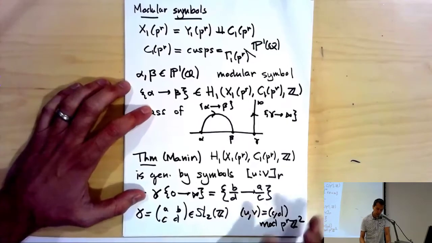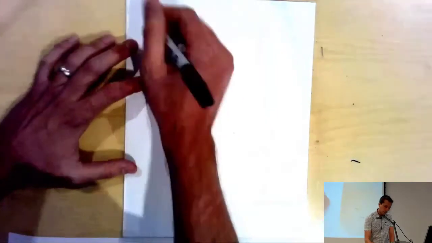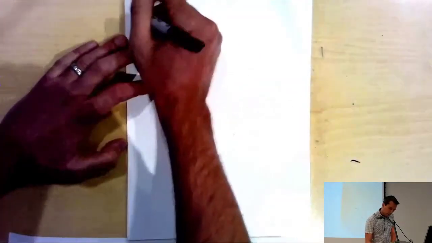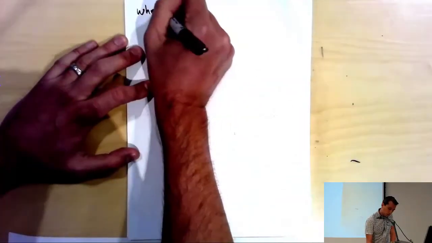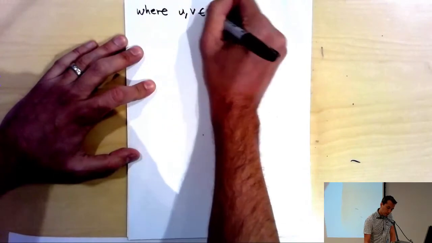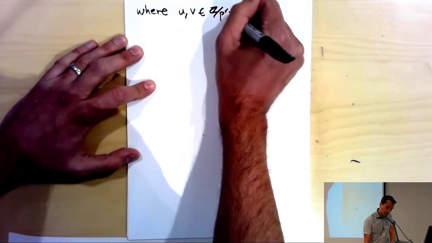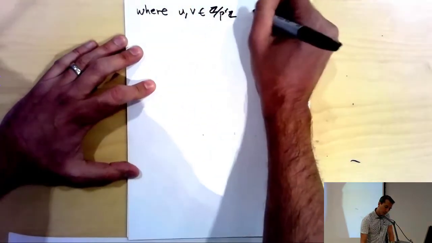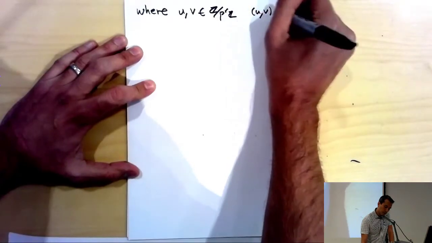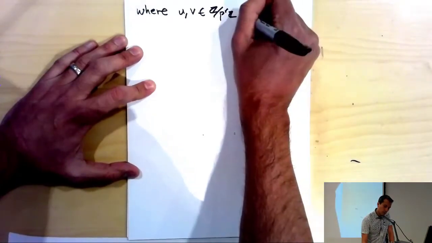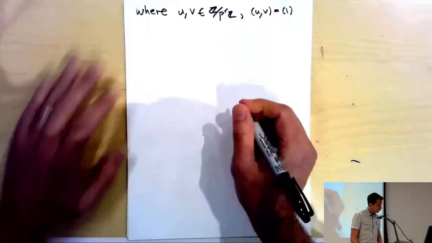So in particular, where u and v are in Z/p^rZ, their GCD in that ring is 1. In other words, they're not both divisible by p.